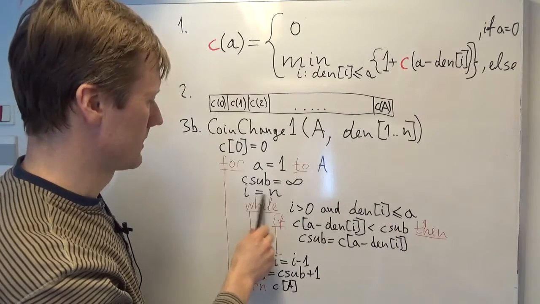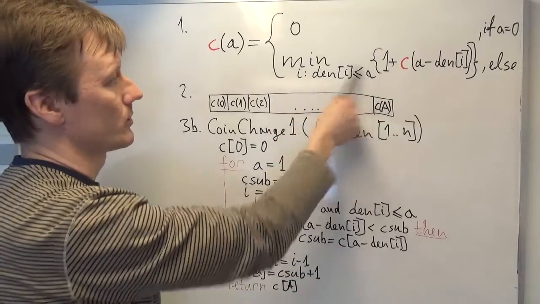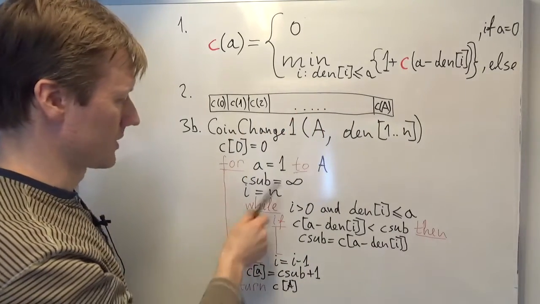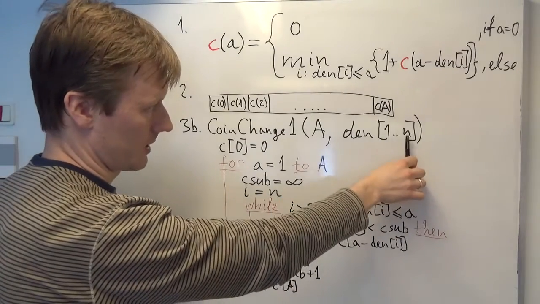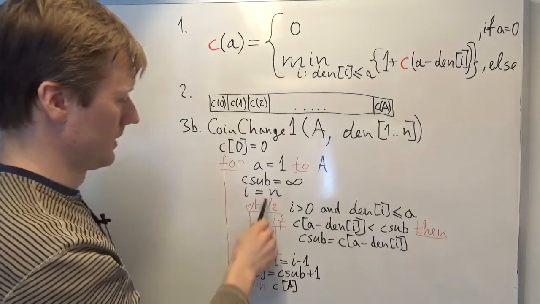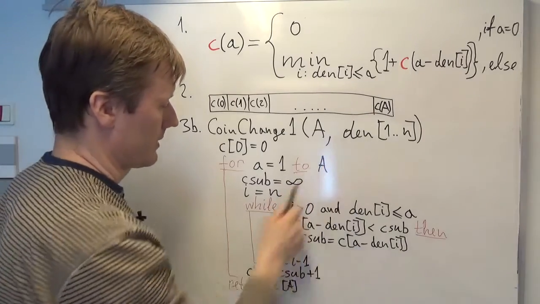And we look at all the possible choices of denominations that we could use in this situation. We start from the smallest ones. So the smallest ones are at the end here, when i equals n, and the denomination of n is 1.